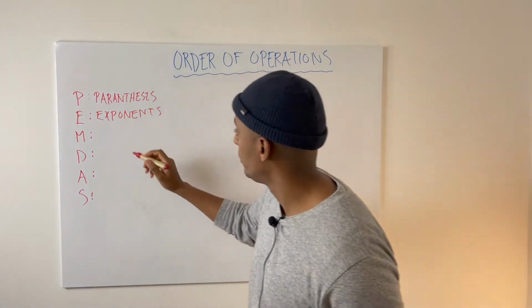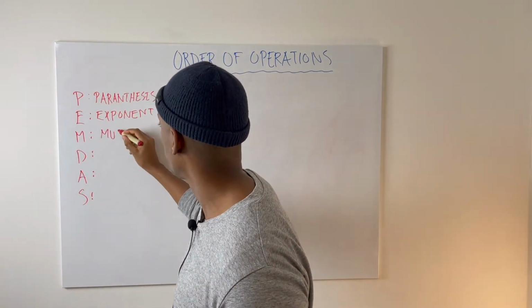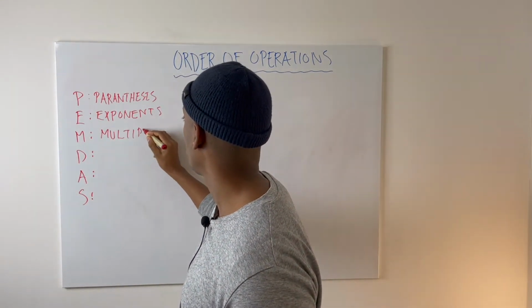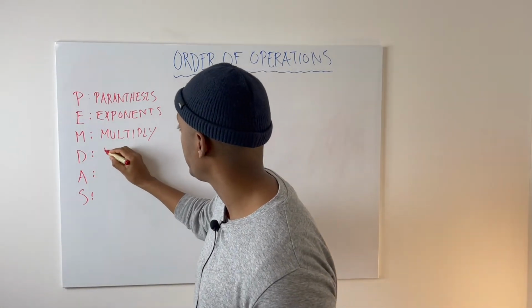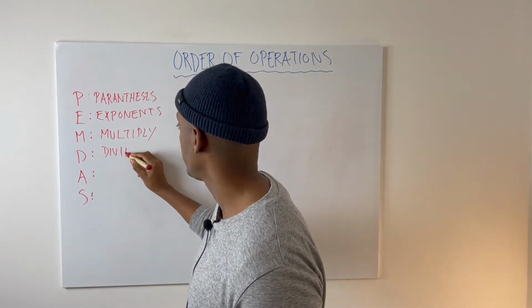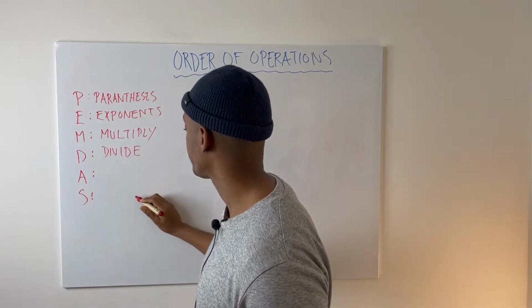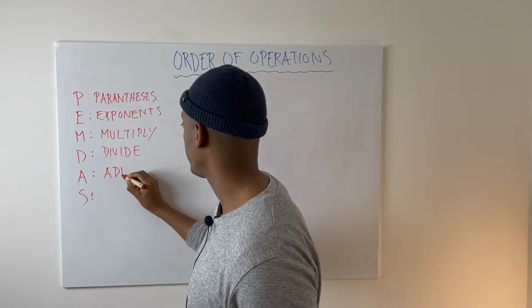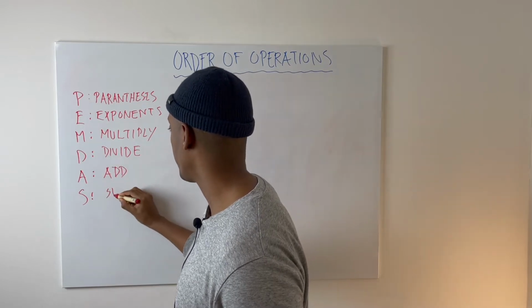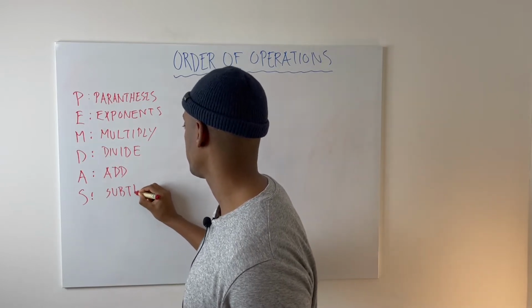Next level is multiplying. Multiply. Then we have divide. After that, we have adding numbers and we have subtracting numbers.